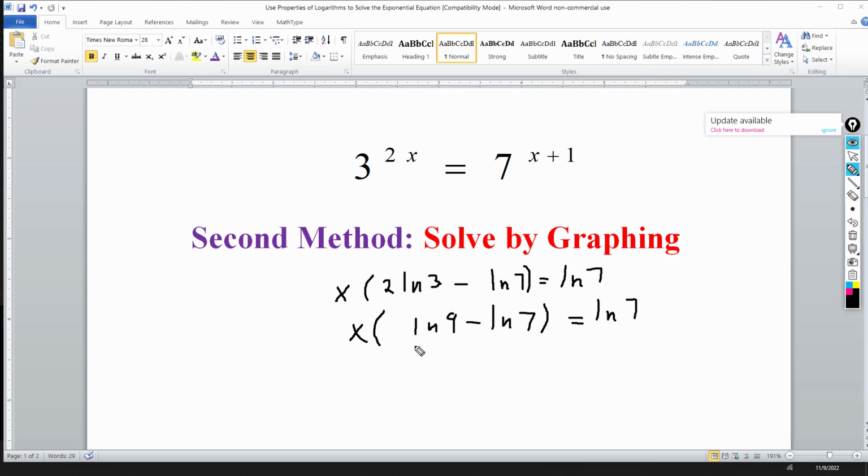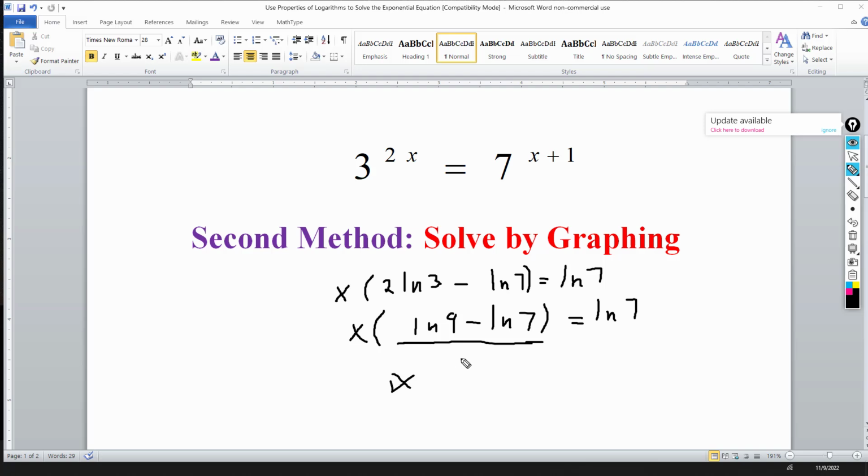Now at this point, I could just go ahead and divide both sides by this expression here, and you would have ln of 7 divided by ln of 9 minus ln of 7. Either you can leave that as your answer, or you can use your calculator and get an approximation. But what I'll do is this.